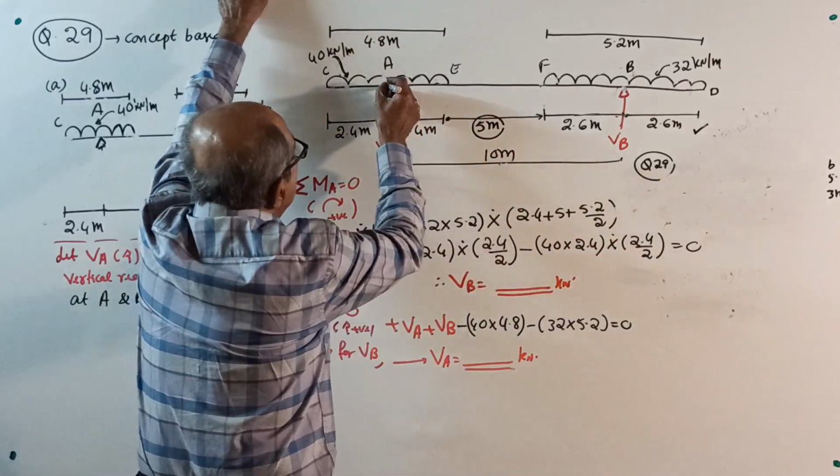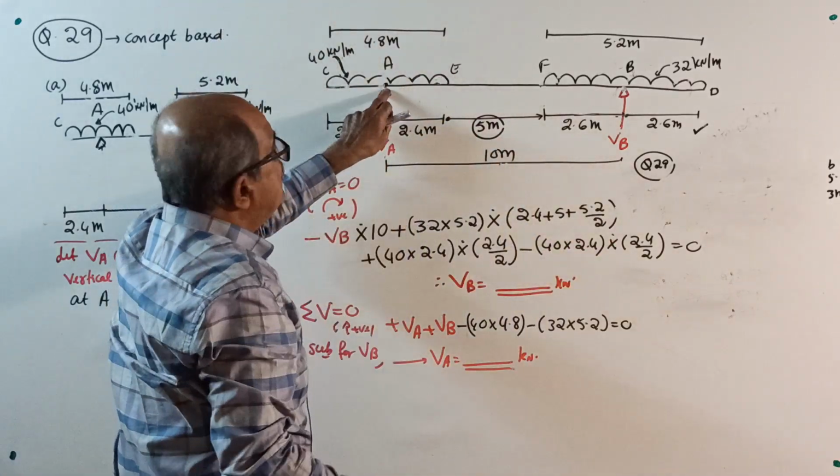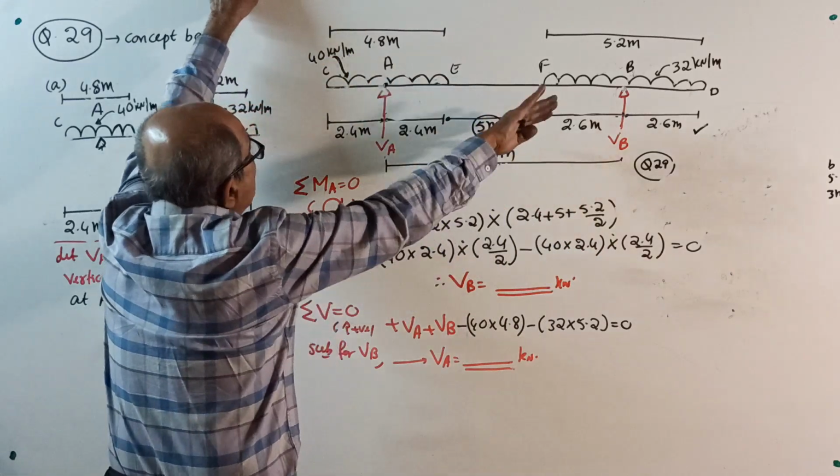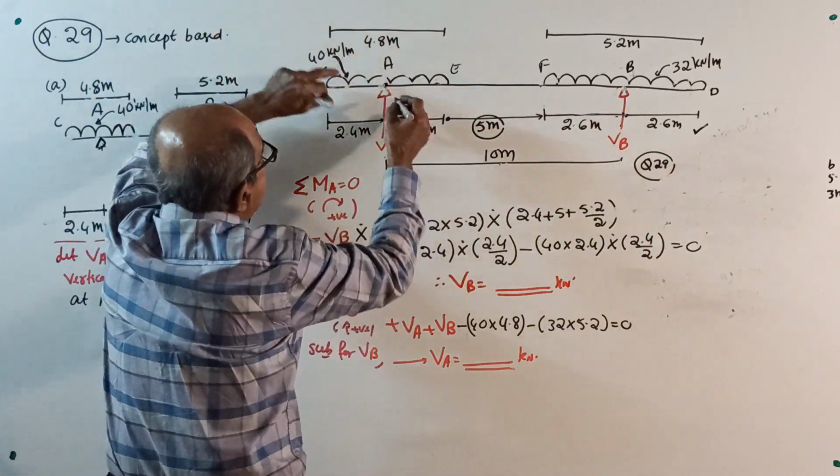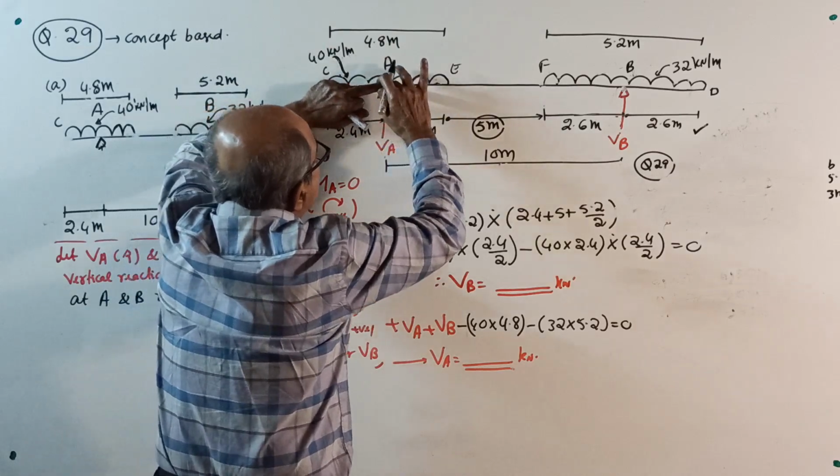Then come here. Here, a part of the UDL is to the right side, another part left side. I will consider the UDL to the right side separately.